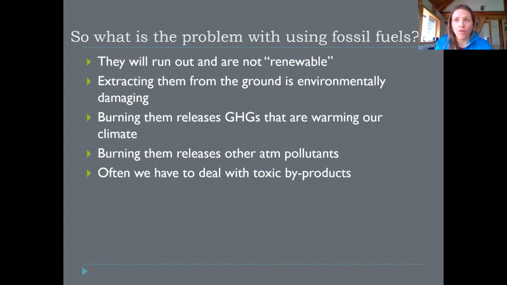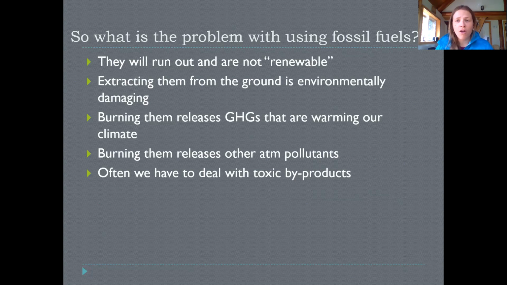And we know that carbon dioxide is dramatically increasing in the atmosphere. We've talked about this early in the semester, so we won't go into it a lot more here, but this has a lot of negative impacts that we're increasingly feeling and being hurt by. So that's a definite concern about the dependence on fossil fuels.